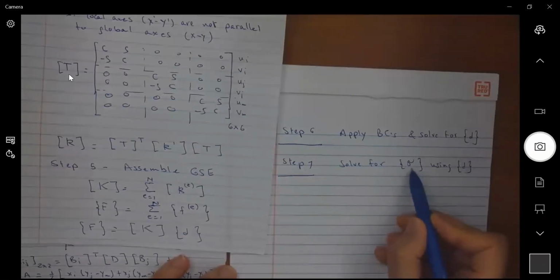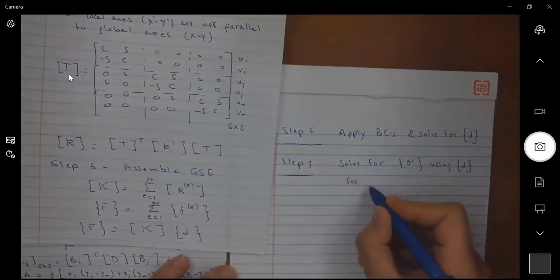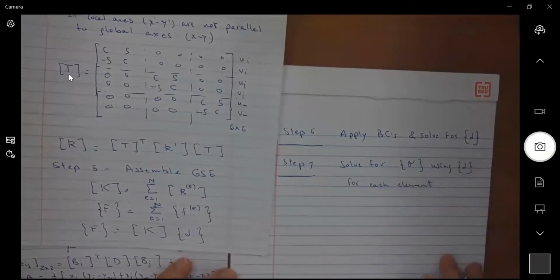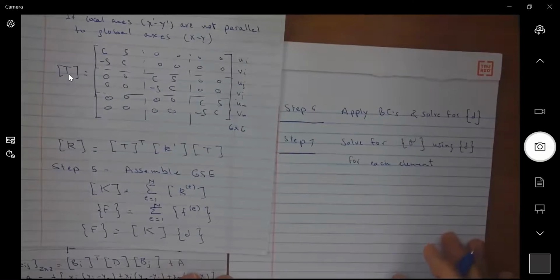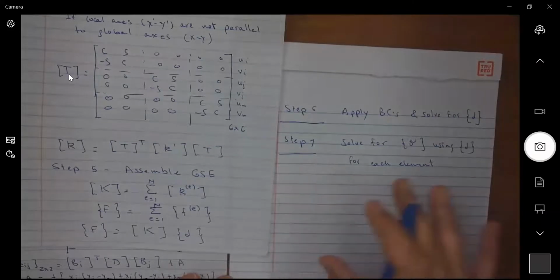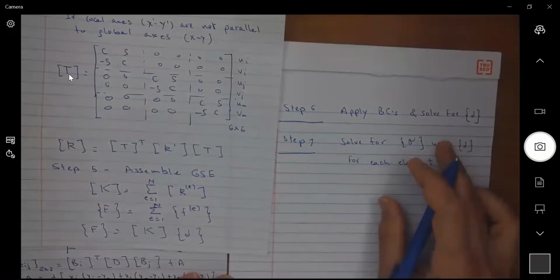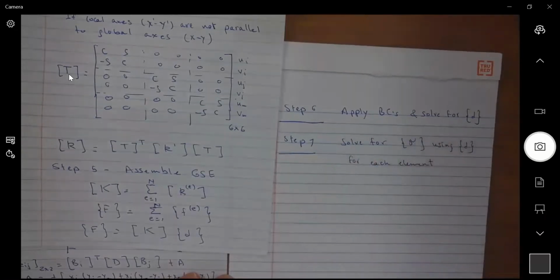And this stress would be for each element. So we had an equation that relates the stress to the nodal displacement. So I can use the nodal displacement for each element to find the stress per element.